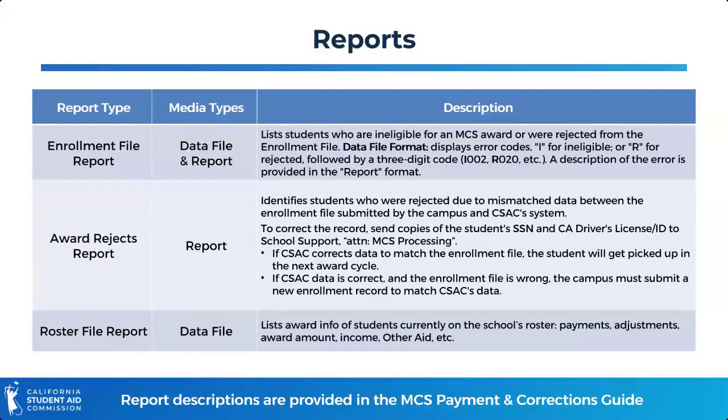We also have our award rejects report. This one identifies students who were rejected due to mismatched data between the enrollment files submitted by the campus and our system. The roster file, this one is only available as a data file, but it lists award information of students currently on the school's roster.